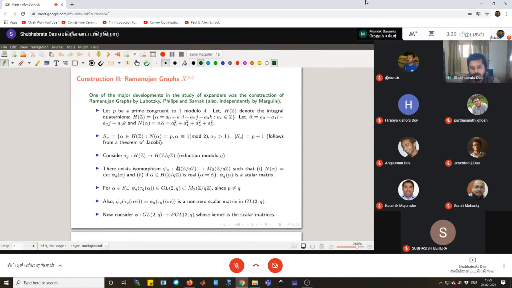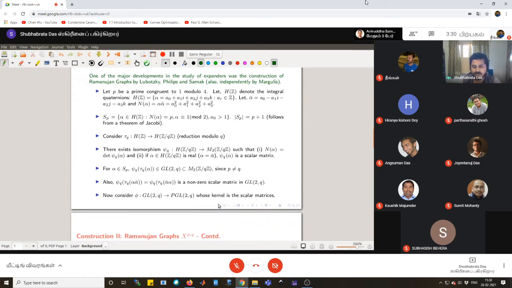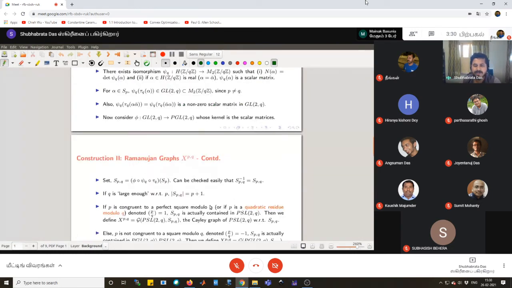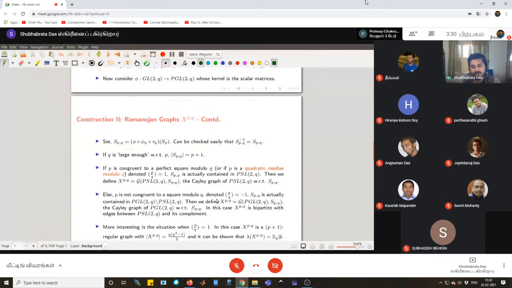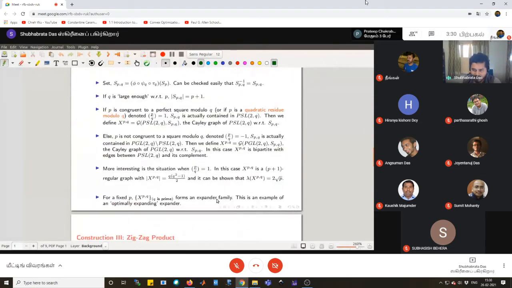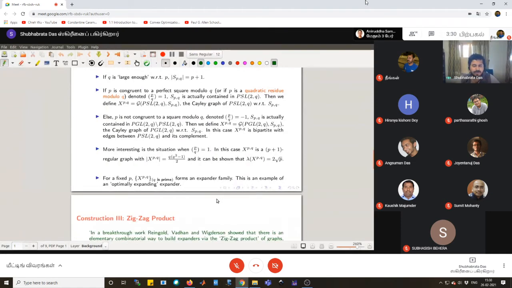The key thing is that you look at the quaternions in the form of 2x2 matrices, and with these norms and other things, you observe that they are actually invertible matrices. Then you find suitable generating sets for them as well, and you look at the Cayley graph. That's essentially what the construction of the Ramanujan graph says. So, any question?